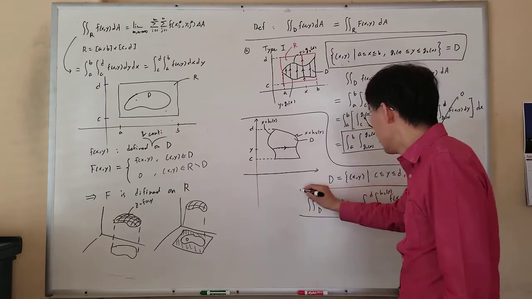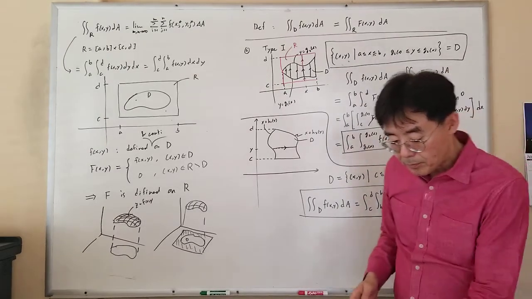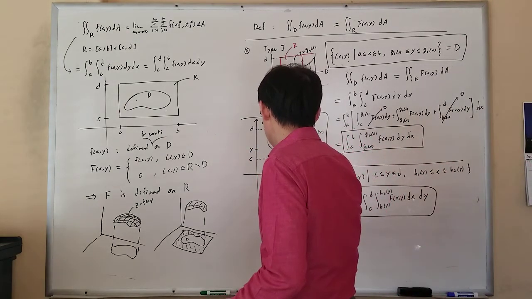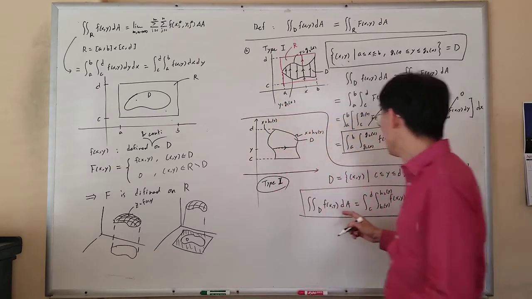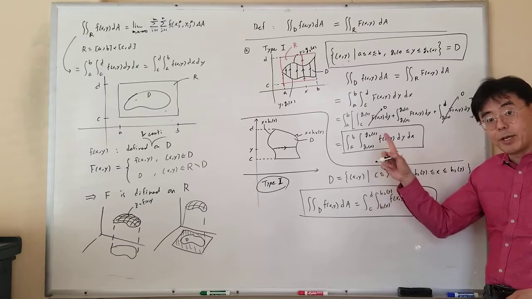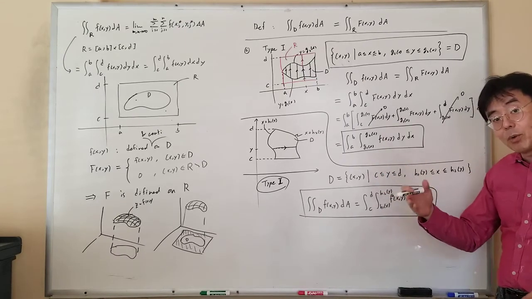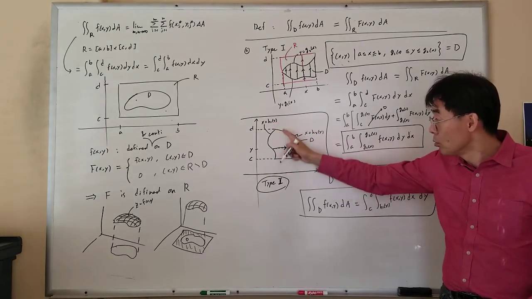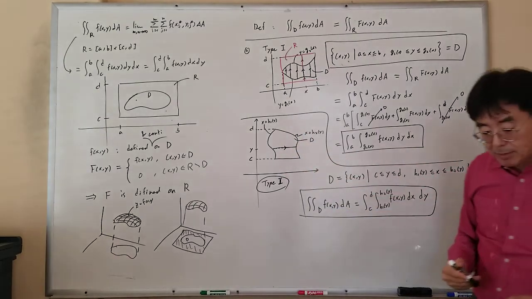So this is so-called type 2. If you have a type 2, it means you can describe your domain this way: y runs from where to where, and then for given y, x runs from some function of y to another function of y, a function whose graph is the left-hand side curve, right-hand side curve.